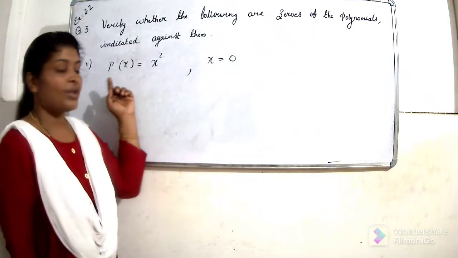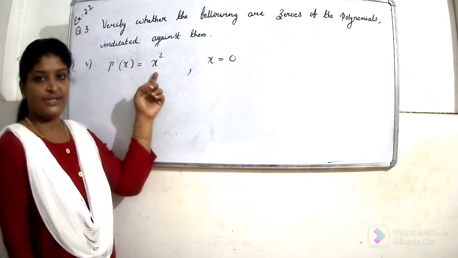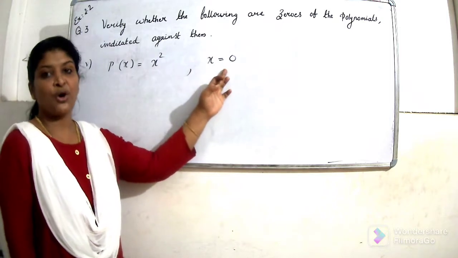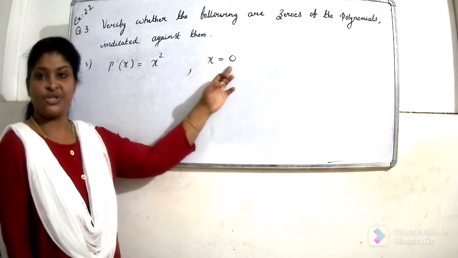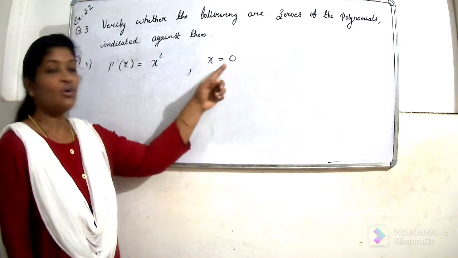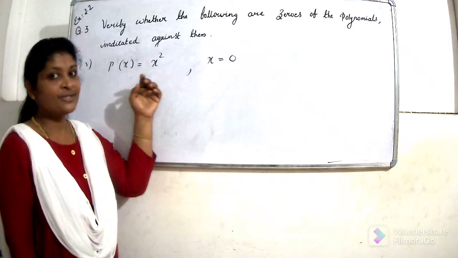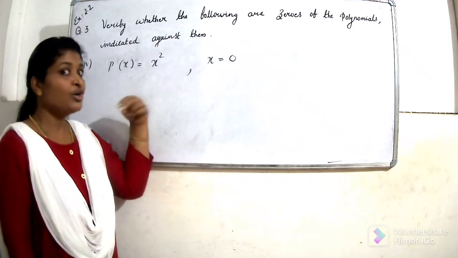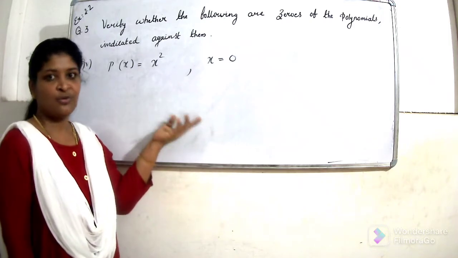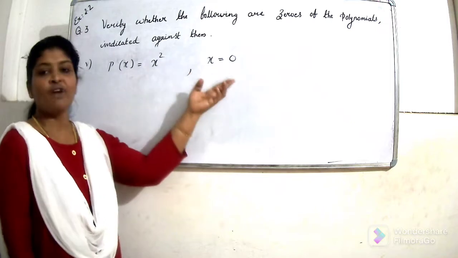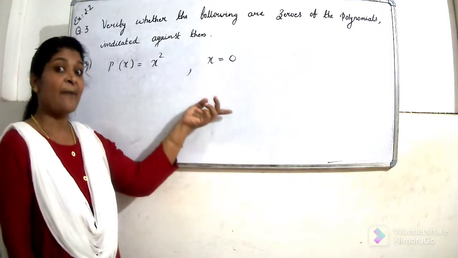Fifth question, p of x equal to x square, and the zero of the polynomial is 0 itself. So here only one value. Now we know the polynomial is quadratic, so two answers have to come, no? That's what we studied. But here only one answer. Why did this happen?